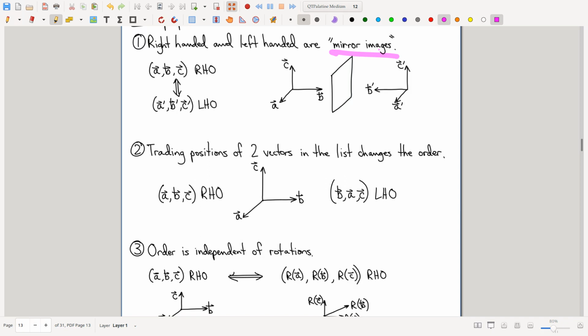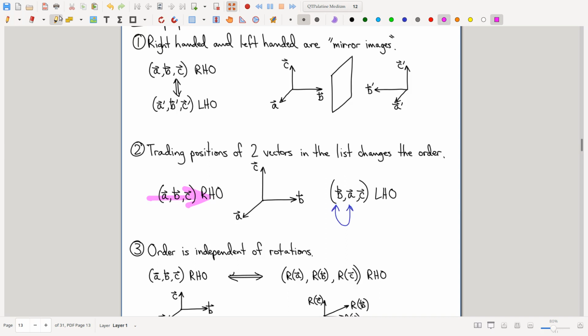If you trade the position of two of the vectors, that changes the order. So A, B, C. Let's see what I got with my right hand here. A first, B second, C third. A, B, C is right-hand order. But if I switch the order of two of the vectors, and now notice I've traded the A with the B there.